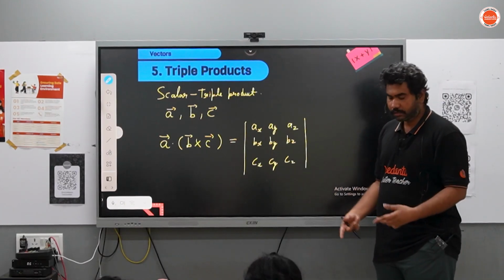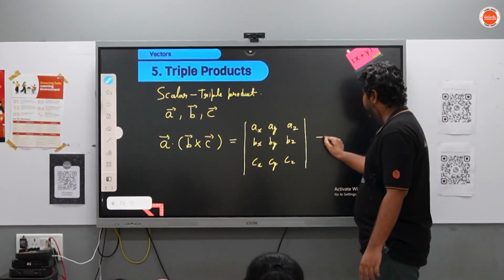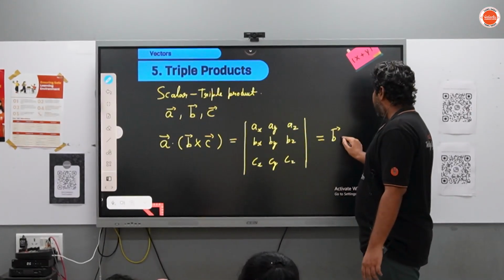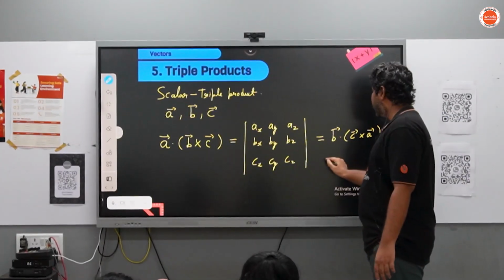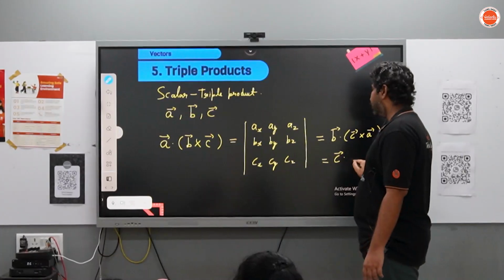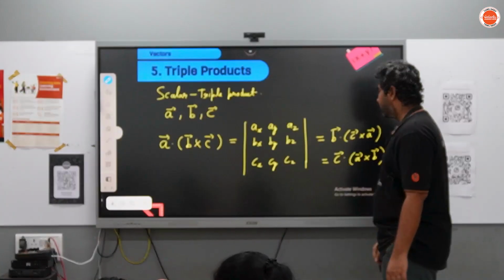And since it is a determinant, the properties of determinant will follow for this. From the properties of determinant, you can also say that this expression is equivalent to B vector dot C vector cross A vector, and this is again equal to C vector dot A vector cross B vector.